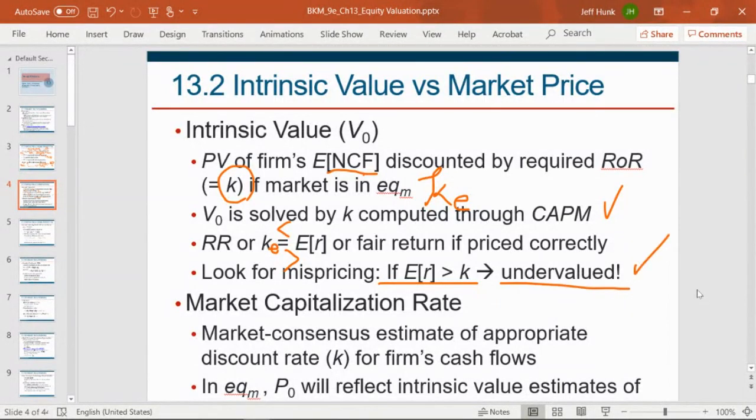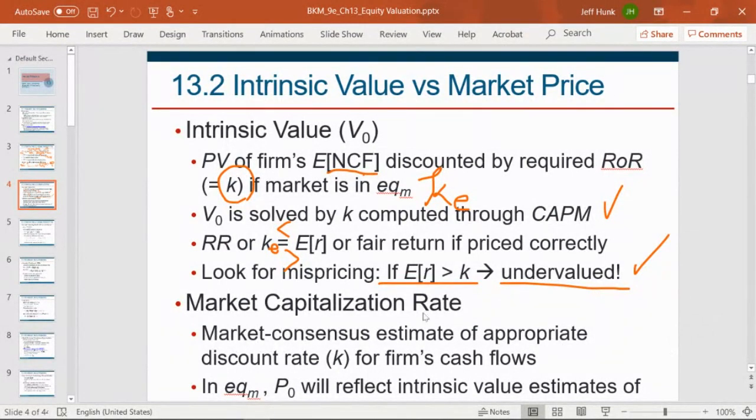The bottom line, the baseline rule of investing is look for the undervalued asset always, right? And if the expected return is greater than required return, then it's because the asset is undervalued, right? And that's a buy target, right?